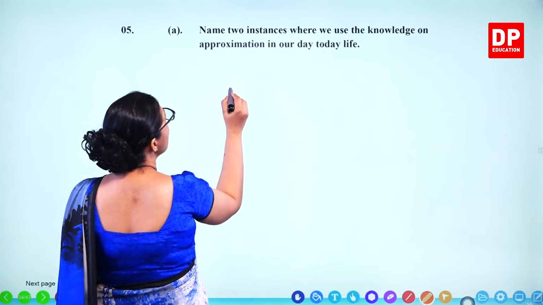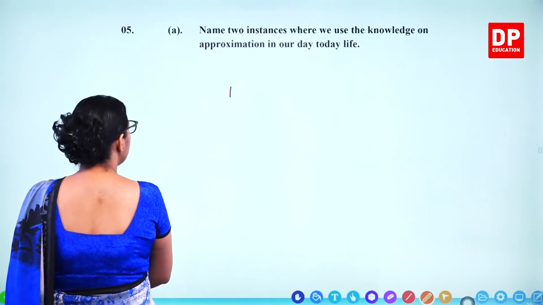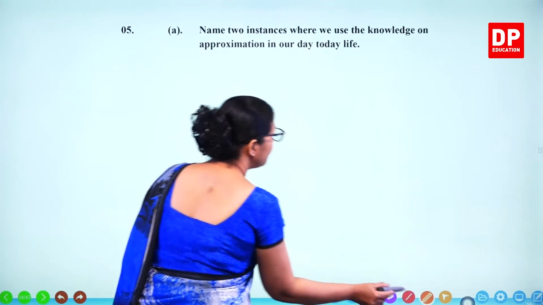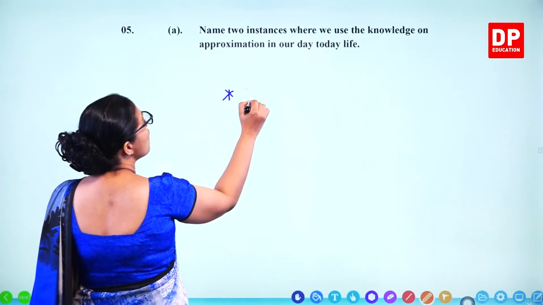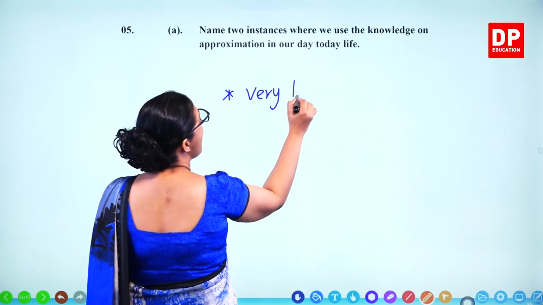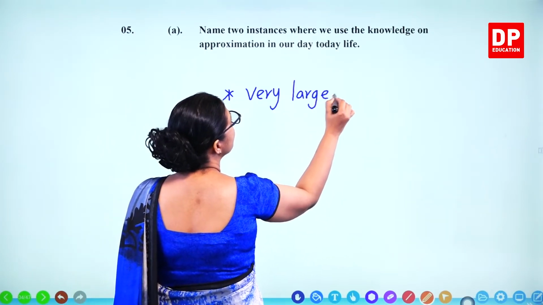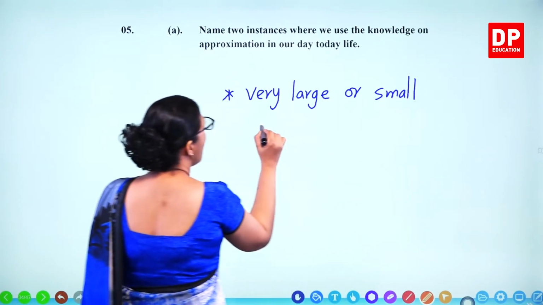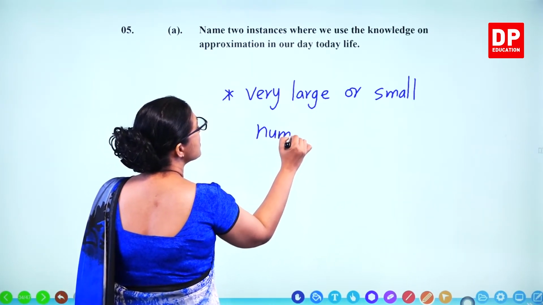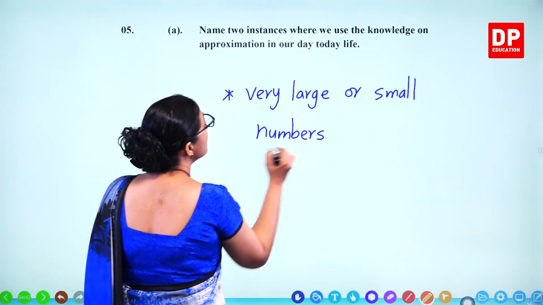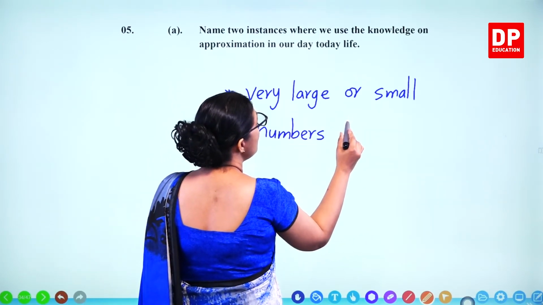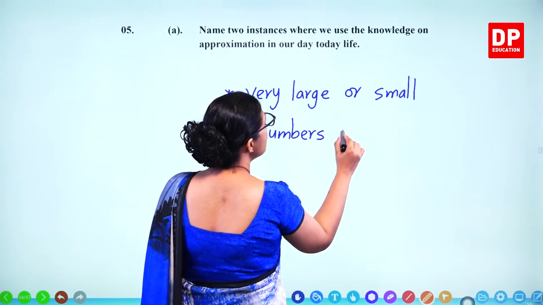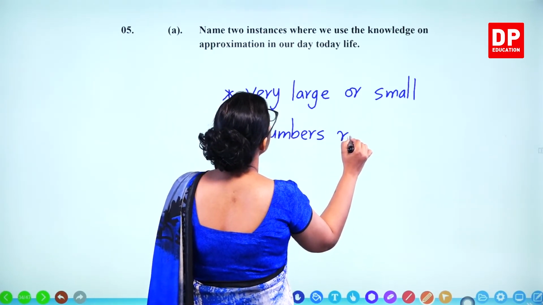So you can write: when you get very large or small numbers, you need to estimate values. Very large or small numbers, rounding.